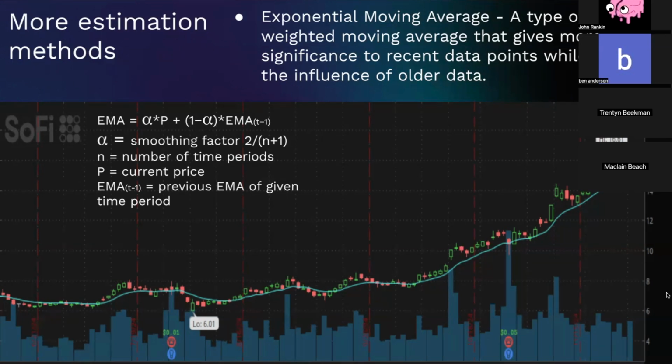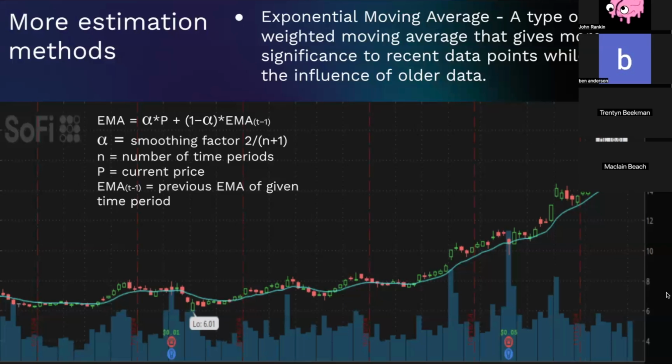How this is used is it looks at the current price and then gives an estimate prediction for what the price will be in the future. These candlesticks that you see here are all 1 day candlesticks.